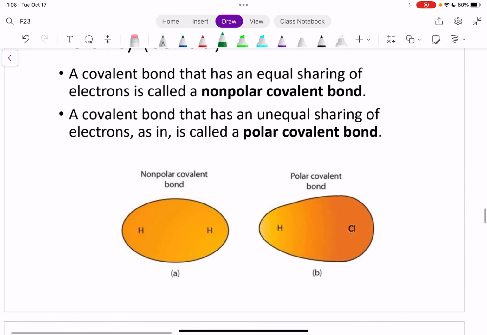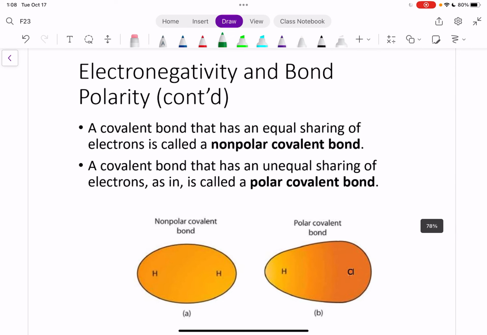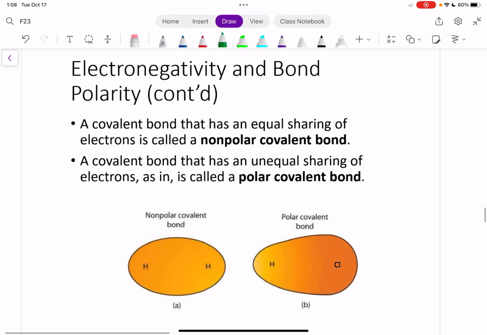Now, scrolling back up here, a covalent bond that has an equal sharing of electrons, we give that the name a non-polar covalent bond because we haven't created any difference in poles, right? They're both sharing those electrons equally. And you'll notice here, as an example, we've got hydrogen bonded to itself. Anything bonded to itself is not going to create this difference in sharing or this unequal sharing because both of those atoms want electrons the same amount.